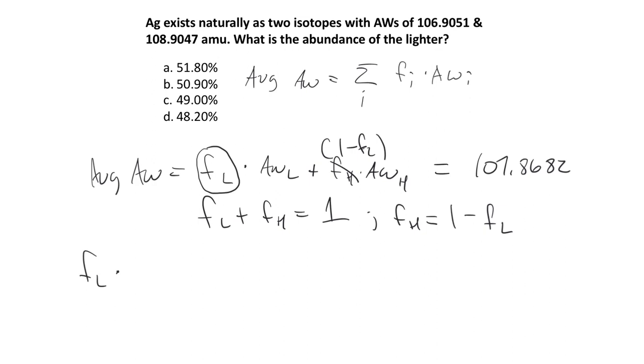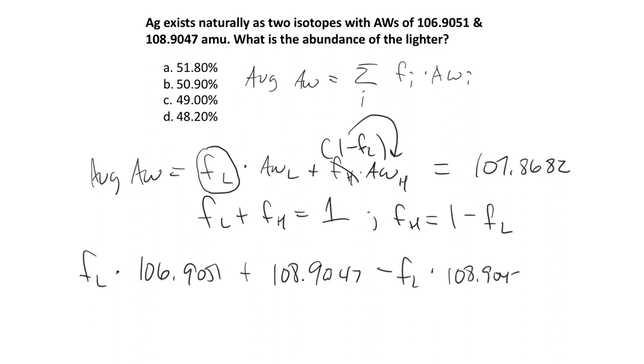Fraction of our lighter, the atomic weight of the lighter is 106.9051 AMU, and then plus 1 times the atomic weight of the heavier, so that's going to be plus 108.9047 AMU, and then going to be minus the fraction of the lighter times 108.9047. That this is all equal to 107.8682.